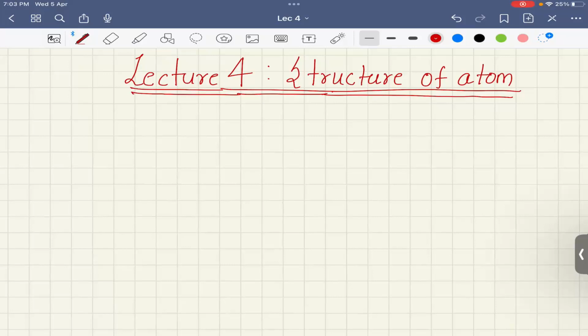In some cases, the behavior shown by these particles could be explained by considering them as particles, whereas some other observations or properties could only be explained by waves. So in this class, we are going to study what waves are, and then connect the wave theory with the particle theory, right?